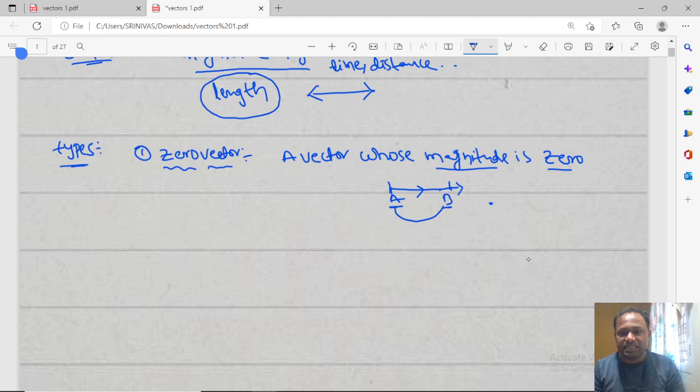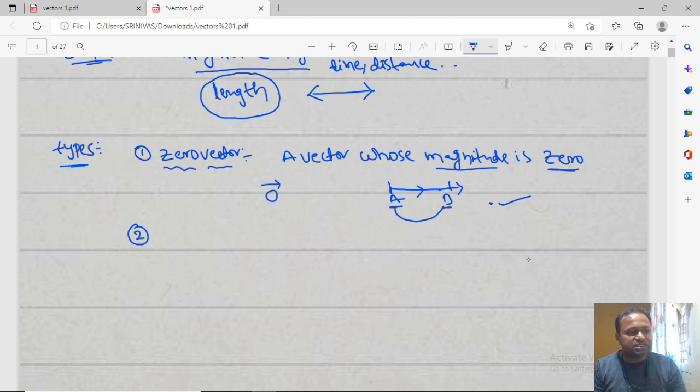That means the length is 0. This vector is called the zero vector. We denote the zero vector like this.